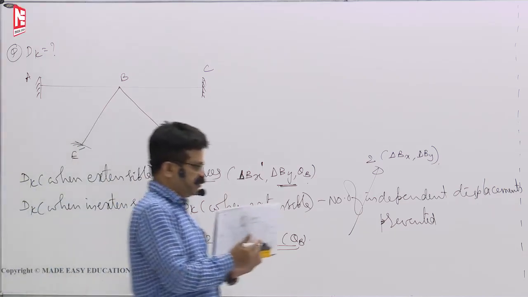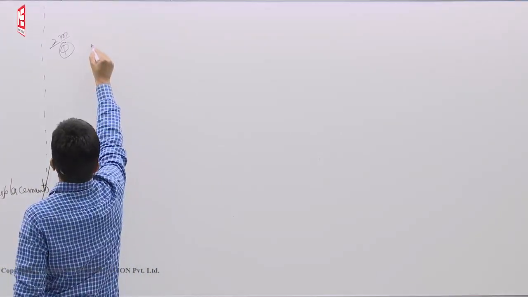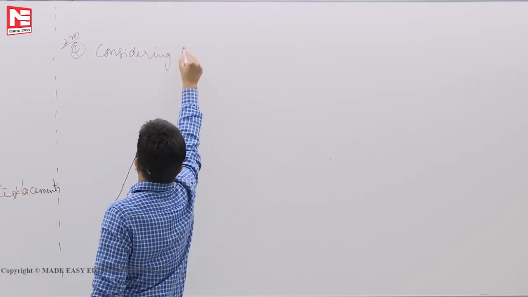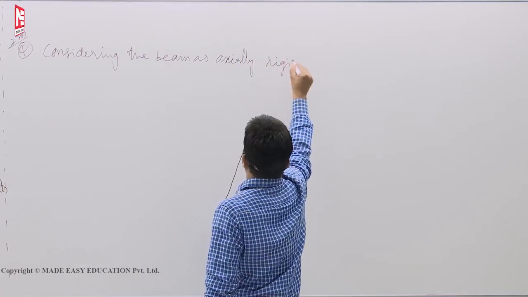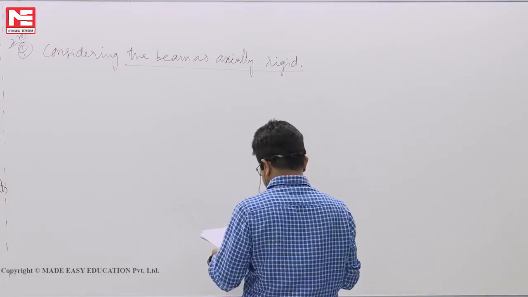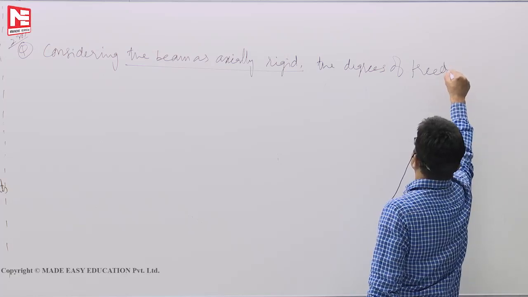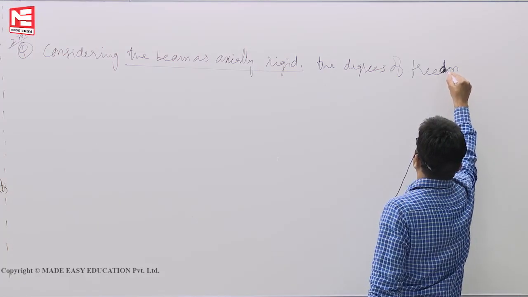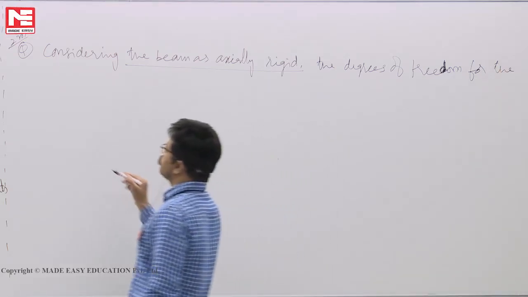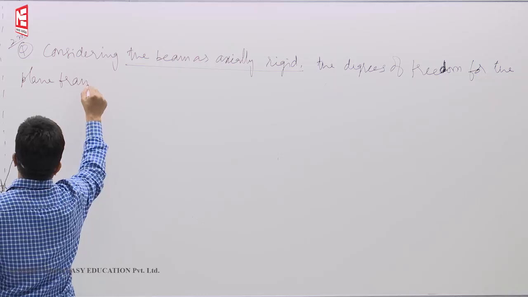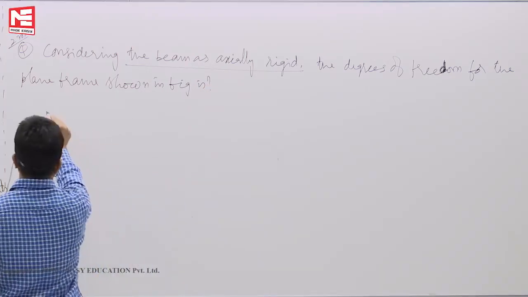Now, let us see one of the GATE papers, where they asked a question like this. Considering the beam as axially rigid, the degrees of freedom for the plane frame shown in the figure is... This is the problem.